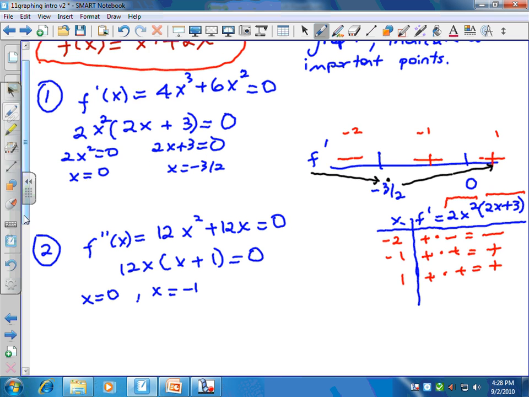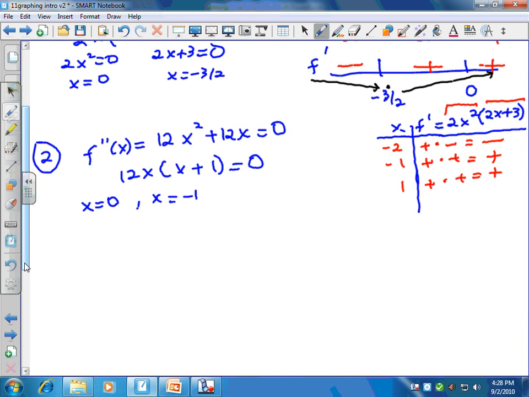So we'll do something similar to what we did earlier, but this time for f double prime. Place the important points on the chart from the smallest to the largest. As a matter of fact, I'm going to try to just line this up with the chart above. So -3/2 is over here. So I want to go up to -1.